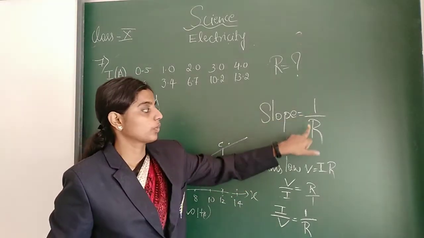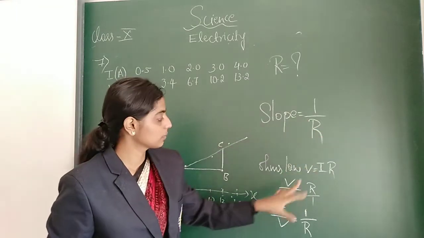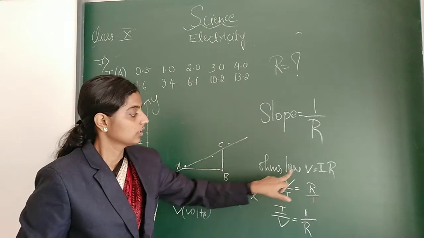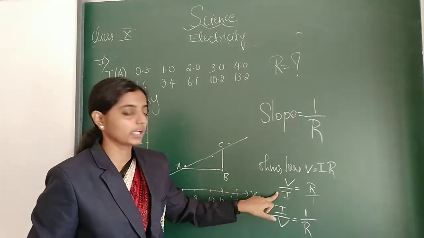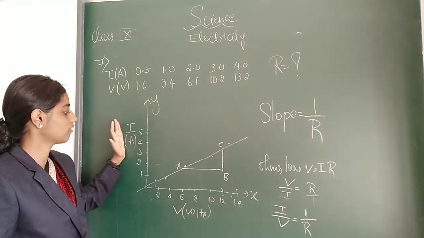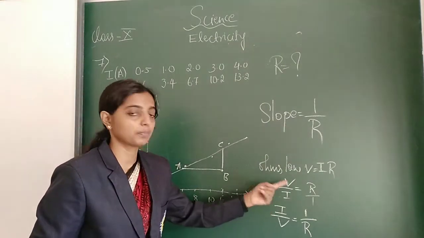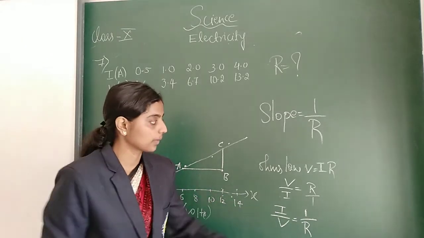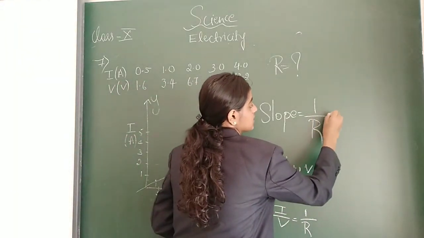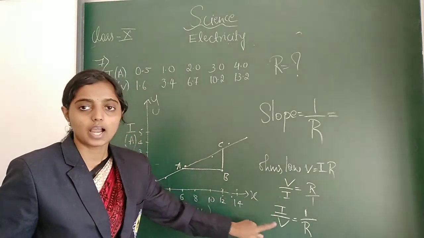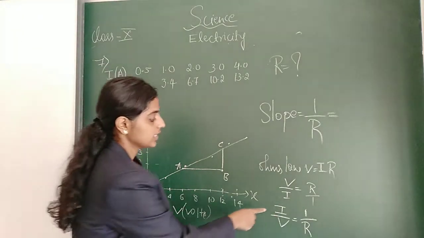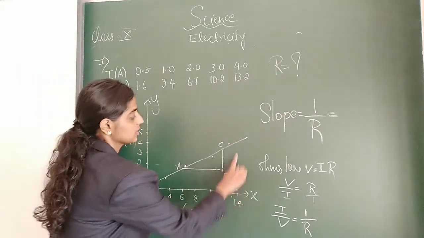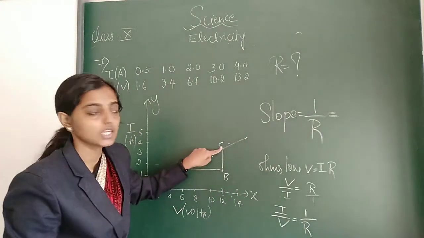We got slope equal to 1 by R. According to Ohm's law, V is equal to IR, and if you take R outside you get V by I. Since we have a graph of I versus V, we take the reciprocal and get I by V, that is equal to 1 by R. Now 1 by R is nothing but I by V. So I is in the numerator. I is on the y-axis, that means this one. So I is what? BC, right?